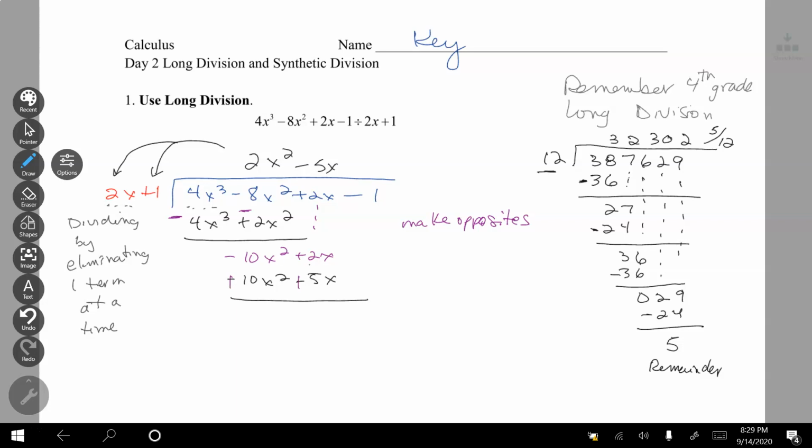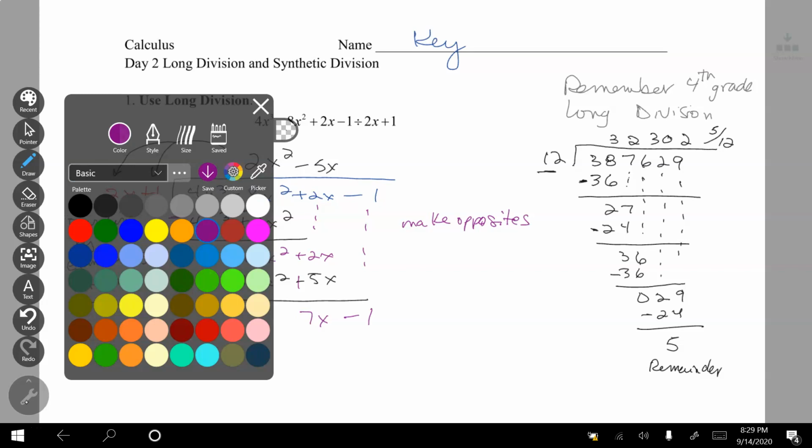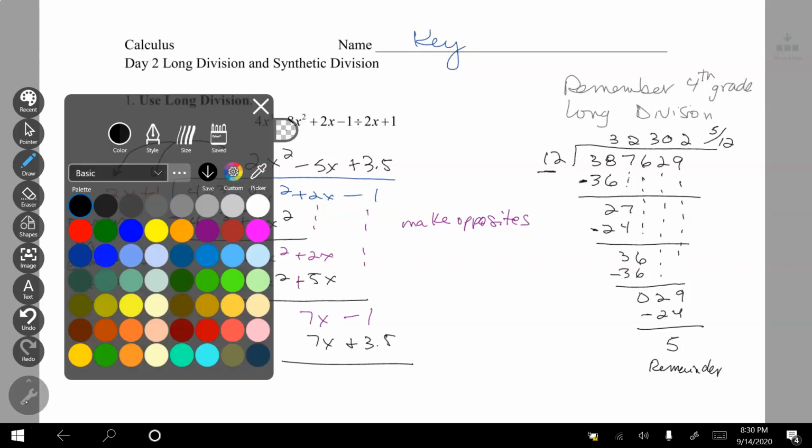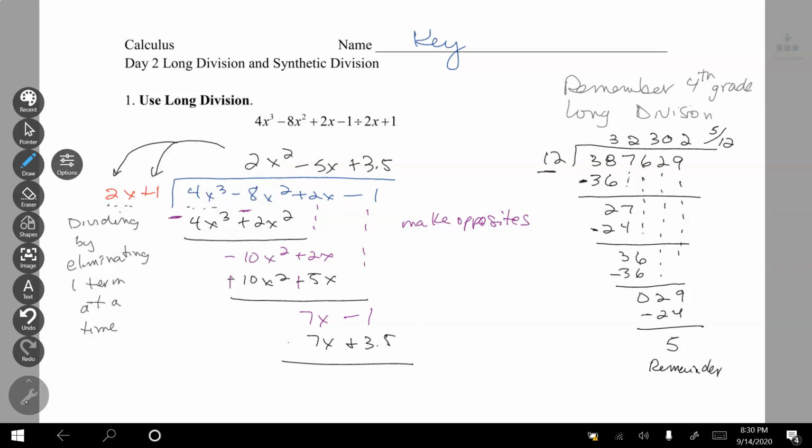The 10x squareds cancel out, and I get 7x, and I bring down the minus 1. And then I say to myself, what do I have to multiply 2x by to get 7x? I'm going to multiply by 3.5. And when I multiply that, I get 7x plus 3.5. Again, I'm going to force opposites to happen. So it's minus, minus. Those cancel out.